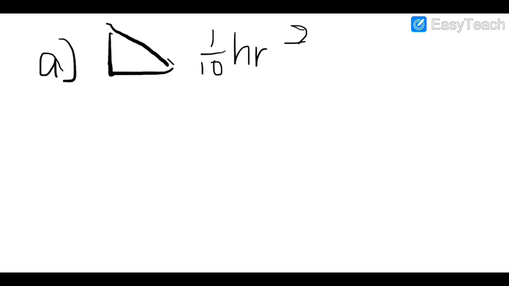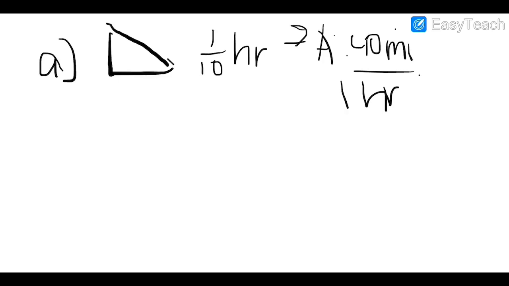So now what we have to do is take A, which is 40 miles per 1 hour, times 1 hour over 10, which is then going to give us 4.